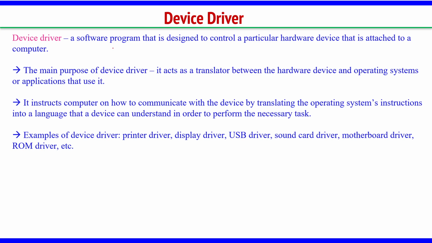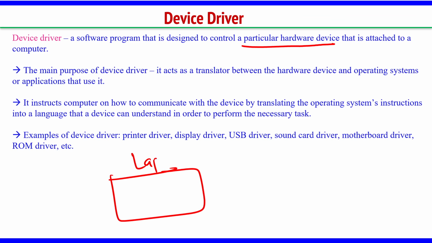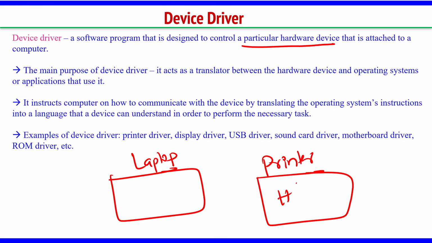Device driver, a software program that is designed to control a particular hardware device. Let's say this is my laptop. I am having a printer. We know printer is a hardware device. We have already studied about printers, inkjet printers, dot matrix printers, laser printers, thermal printers, right? So we have a printer. Now there is a wire which I am connecting through a cable.